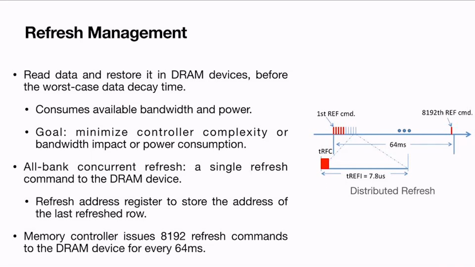This is called tREFI, the refresh interval. There is a 7.8 microsecond gap between every pair of refresh operations, and that 7.8 microseconds is used for servicing processor side requests. So the processor side will not see significant delay, because processor requests and refresh are now interleaved.